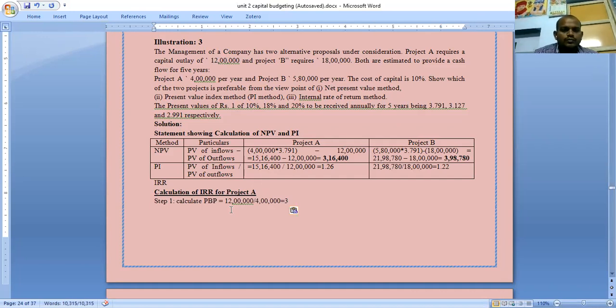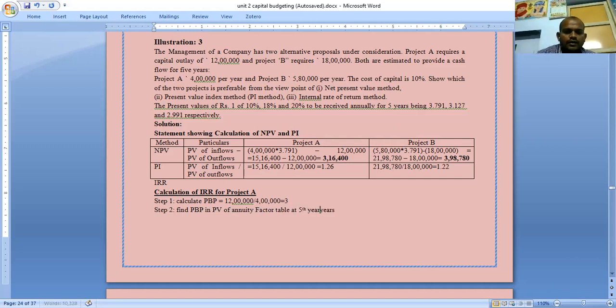So step 2, find the payback period in the present value of annuity factor table at fifth year row.